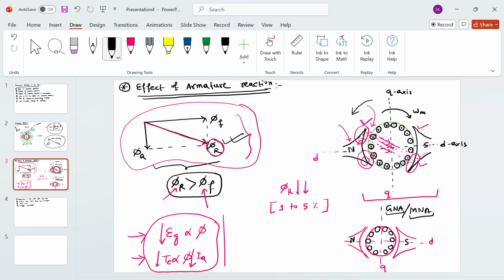Since this is the direction of the resultant flux, the direction of the MNA will be here, and this is the direction of the GNA.